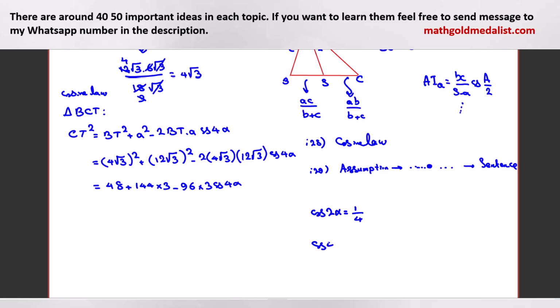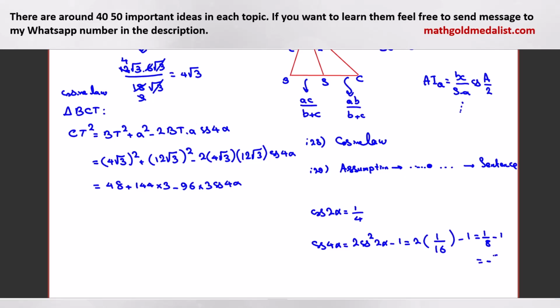Now, cosine 4 alpha is equal to, we have a formula I told you in a previous problem, 2 cosine squared 2 alpha minus 1. So it will be 2 times 1 over 16 minus 1, which will be 1 over 8 minus 1, which will be negative 7 over 8.